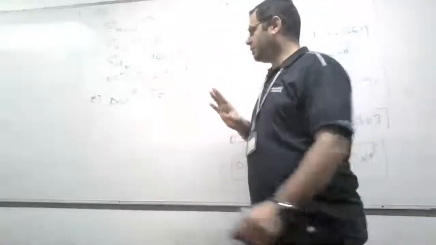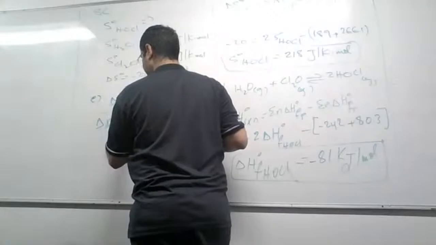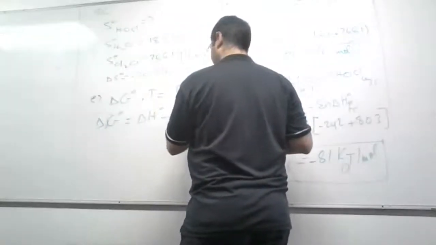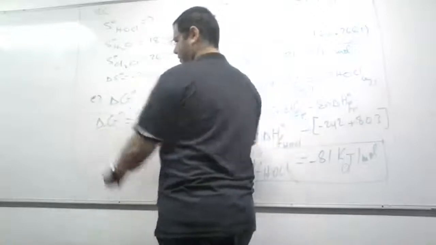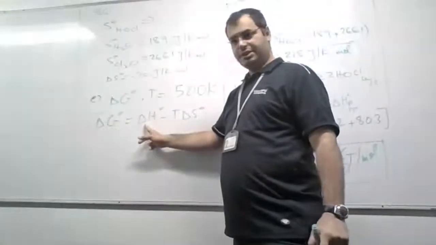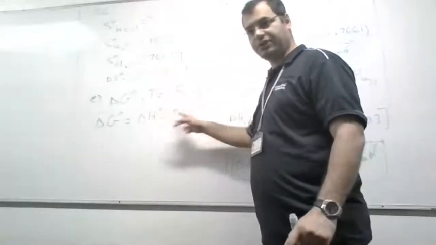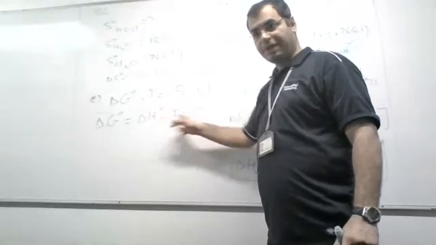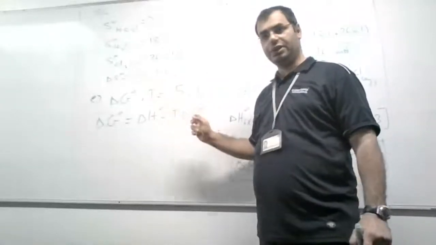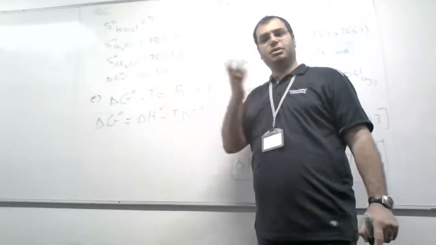Delta G naught equals delta H naught minus T delta S. That's it. Delta H naught minus T delta S naught. This is what you are calculating in here, right? These two, can you use them, because you calculated them before, right? You calculated delta H naught and delta S naught at 298. Can you use them at 500?